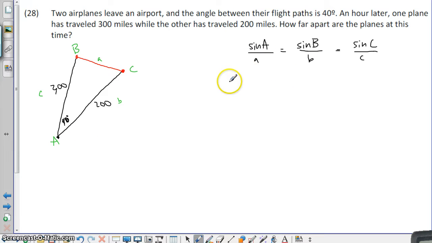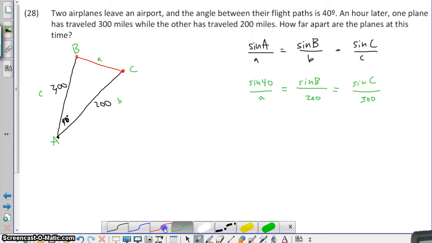Plugging it into what I actually do know, the only things I have are I can do sine of 40 over a. I can also do sine of B, which I don't know, over 200, and I can do sine of C, which I also don't know, over 300.